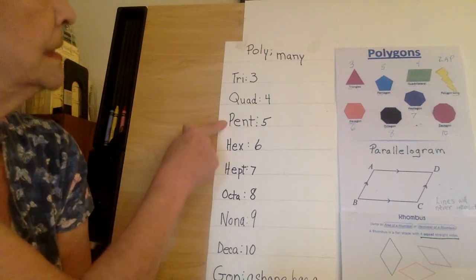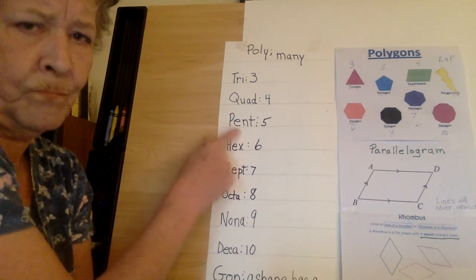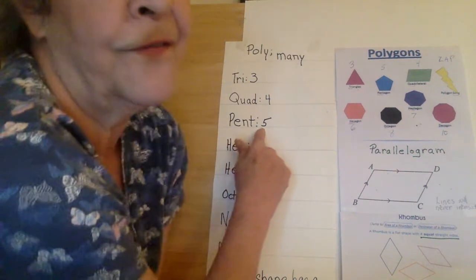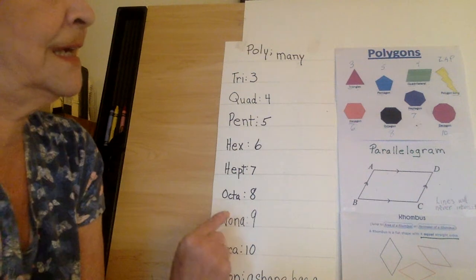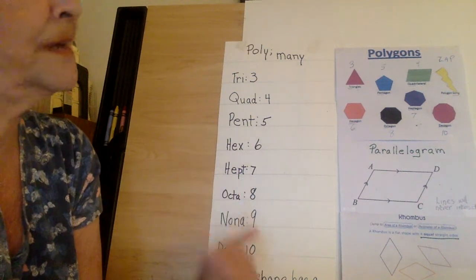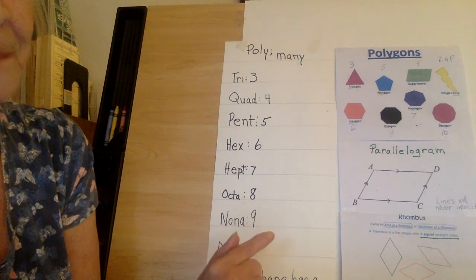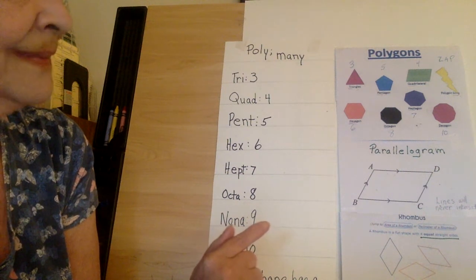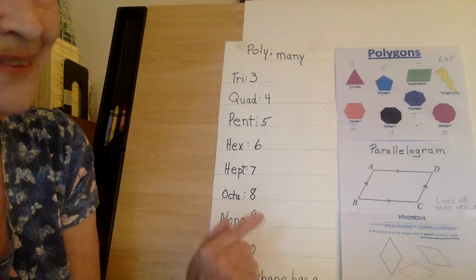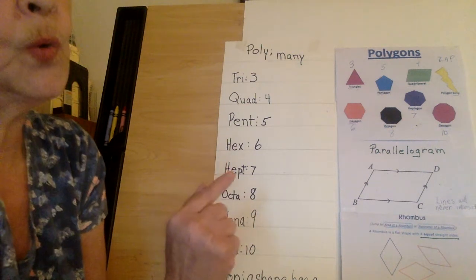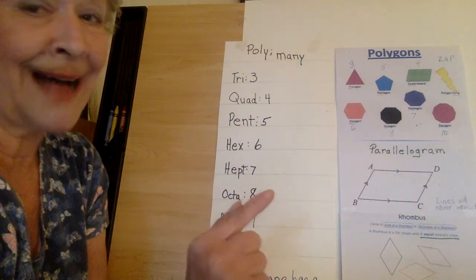Now, let's see. Pent. Pent means 5. Can you find a 5-sided, 5-angled shape? Looking and looking with your sharp little eyes. Who can spy?